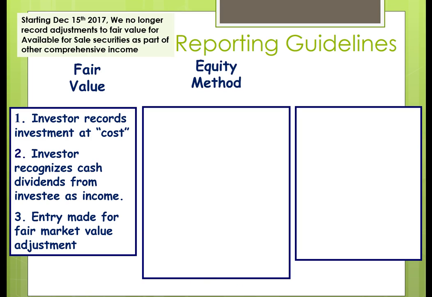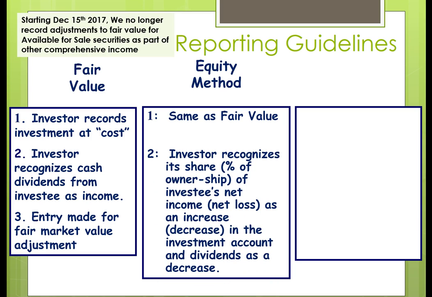Now, the equity method. If we're using the equity method, it means we own 20% or more of another company's stock. We're still going to record the initial investment. However, we are also going to adjust the investment account for any income or loss of the sub based on our percentage ownership, and any dividends we receive are no longer going to be income.